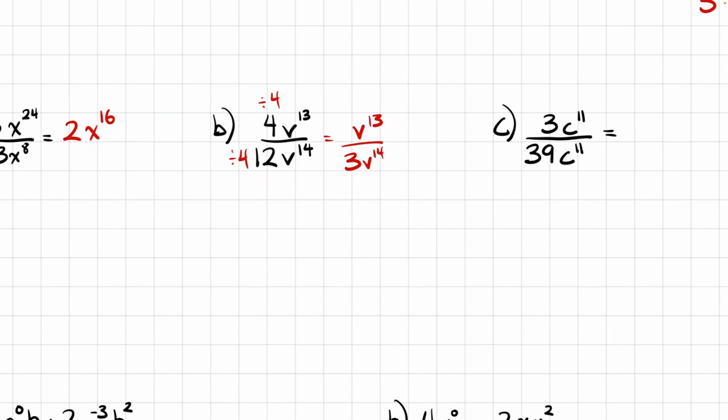Okay, good. So all these coefficients have been simplified. Now let's deal with these v's. What's going to happen here? It's going to be a negative 1. It is going to be v to the negative 1 all over 3. The 3 stays behind, right? These v's right here turn into this v right here.